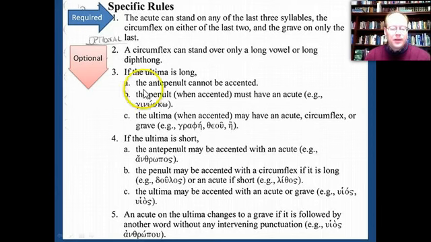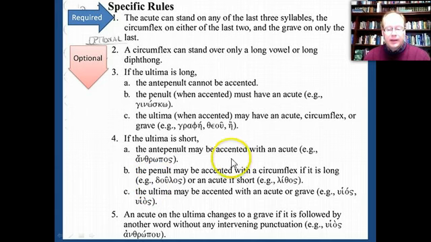So here you see an example of an acute accent, which is on the penult. Here the acute is on the ultima, and here it is on the antepenult. On the other hand, here is a circumflex, which is over the ultima. Here is a circumflex over the penult. The circumflex will never occur on the antepenult.